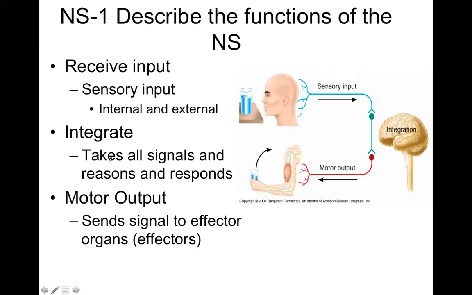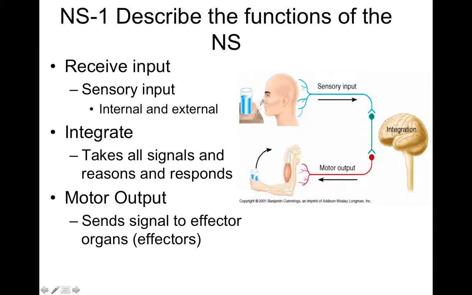And then from taking in those signals, we form a response. And that response is sent out through motor output, to some effector organ, so maybe a muscle or a gland.